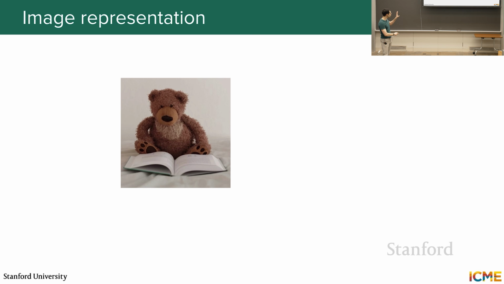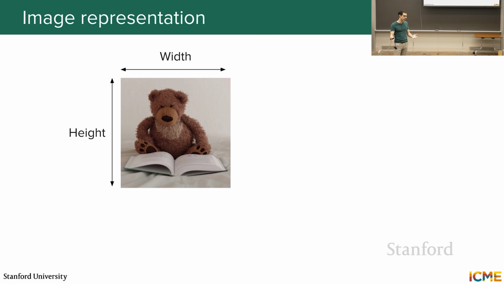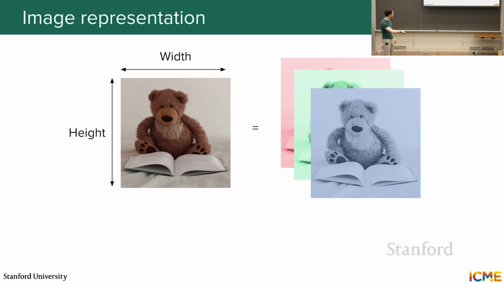So as you know, an image is composed of pixels. So you have a height and you have a width. Each pixel is actually composed of 3 values: red, green, and blue. And this allows you to cover a number of colors.